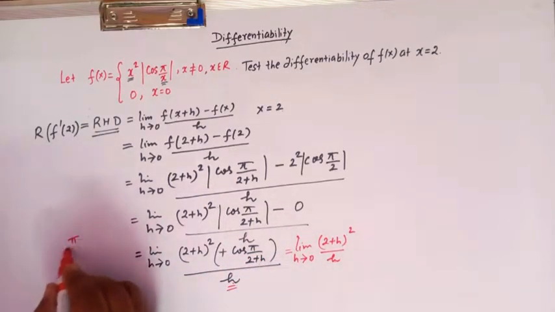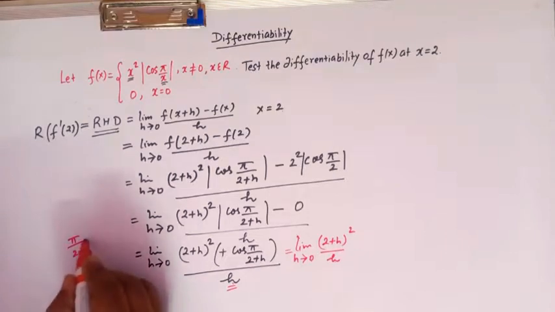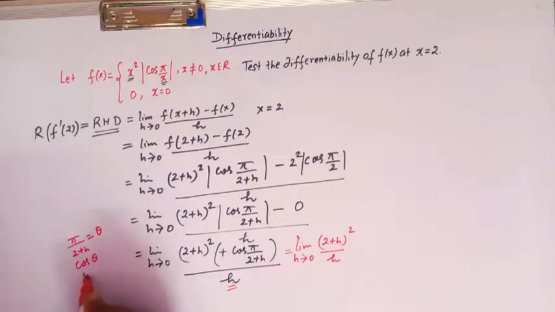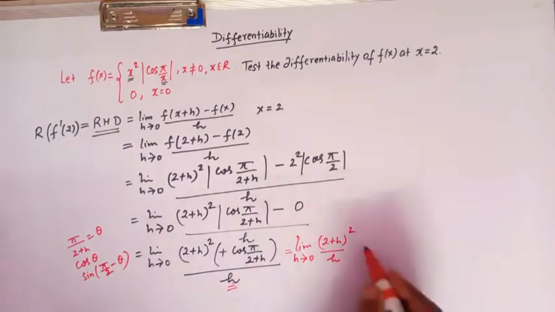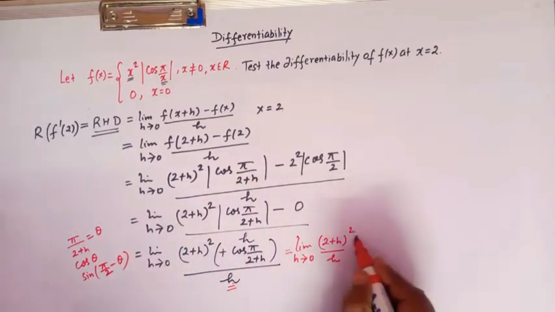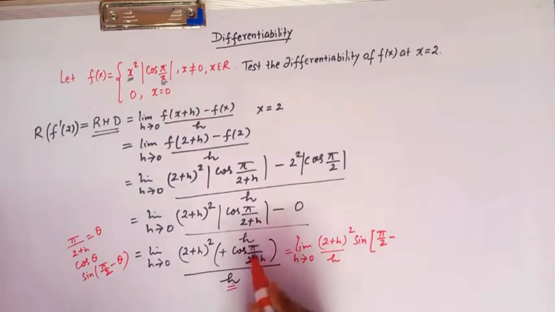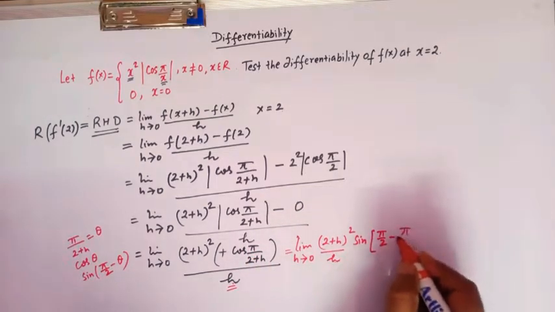If we take pi over 2 plus h as theta, then this term is cosine theta, and cosine theta can be written as sine of (pi by 2 minus theta), right?